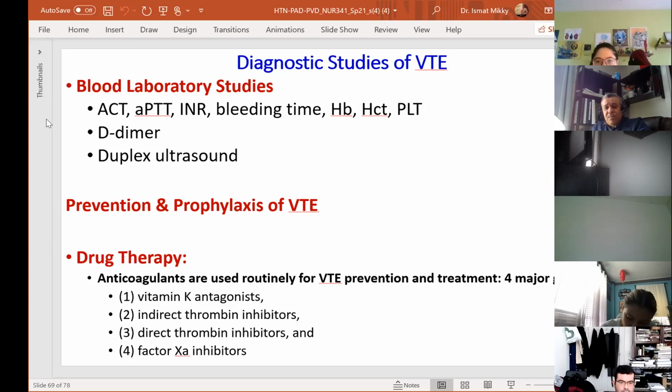Next, the treatment or the medications to treat the DVT. Prevention and prophylaxis are very important, because you can prevent DVT. I'm sure that you have seen this kind of protocol being implemented in all healthcare institutions, especially hospitals.